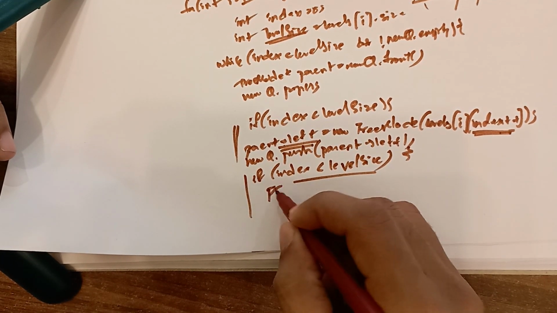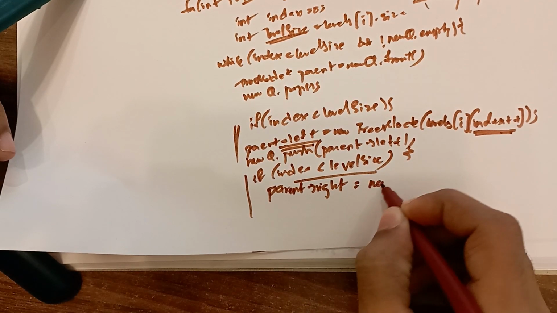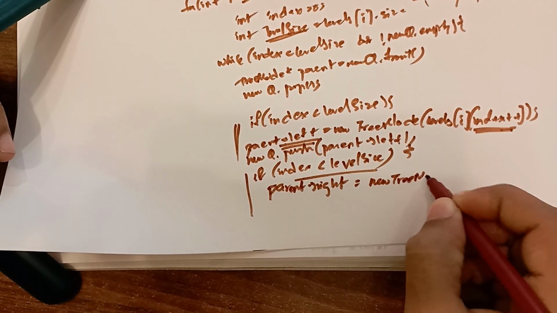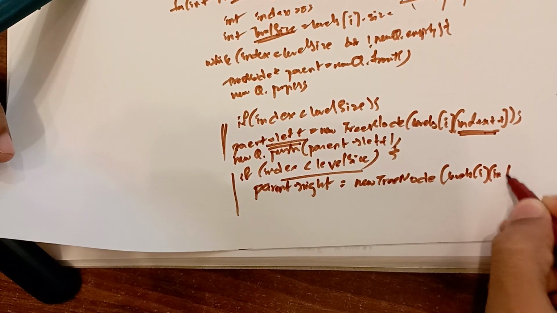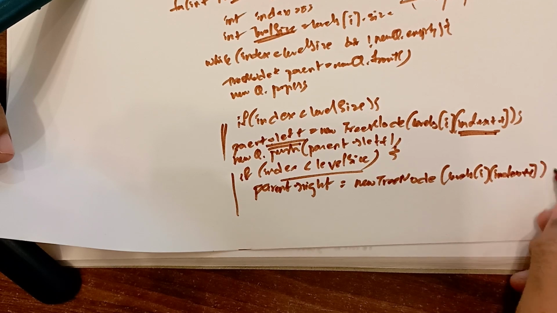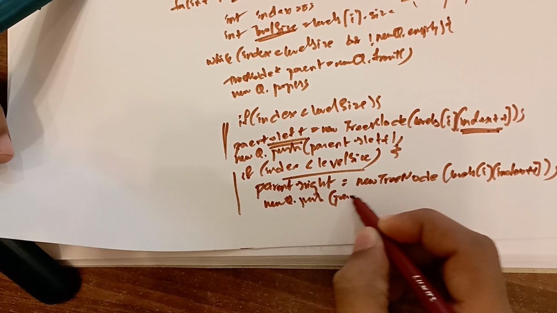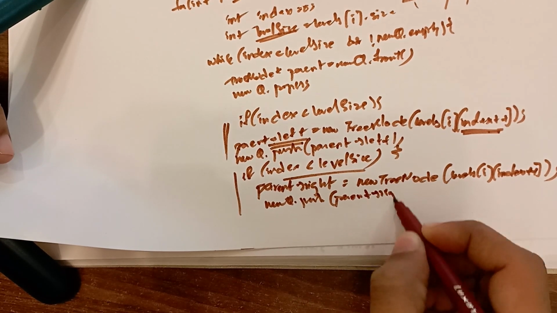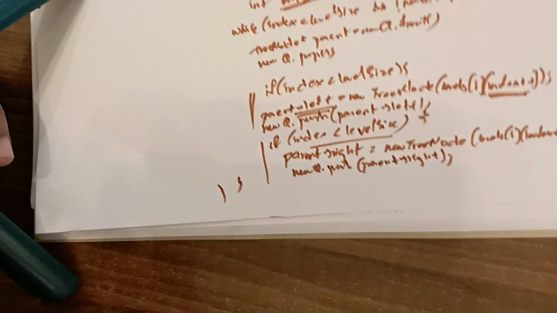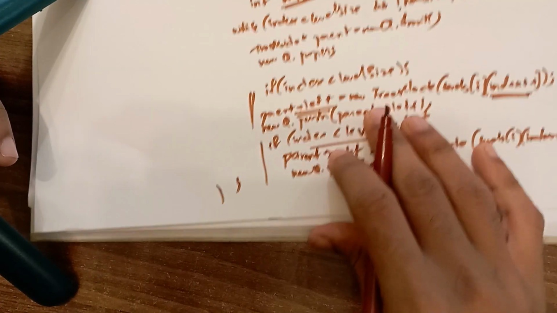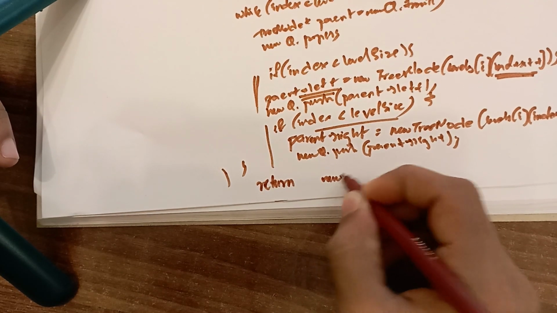So parent right is equal to new TreeNode of levels[i][index++], and new queue push parent right, the right child of the parent. After the construction of the new tree, we will be returning the new root.